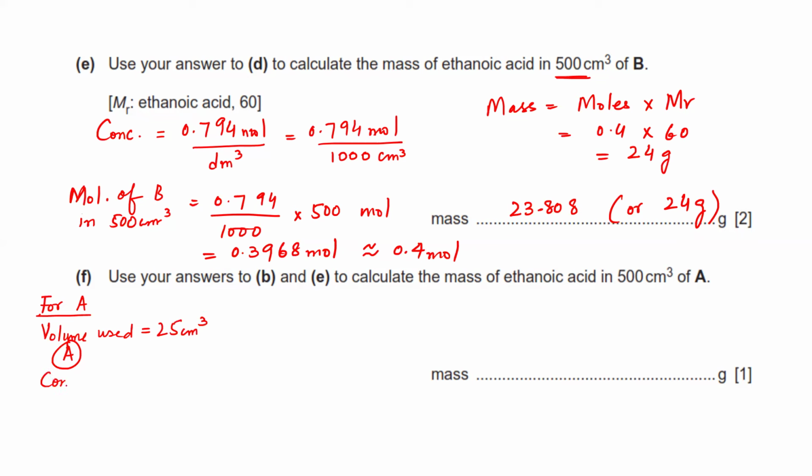So the concentration of A will be 0.4 mole per 1000 centimeter cube multiplied by 25 centimeter cube. So this comes out to be 0.01 mole.